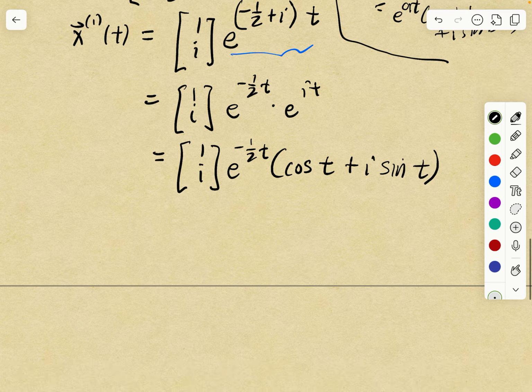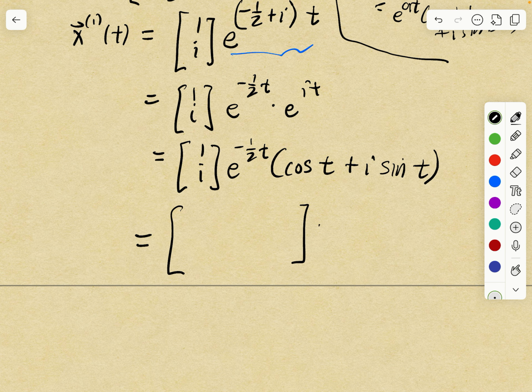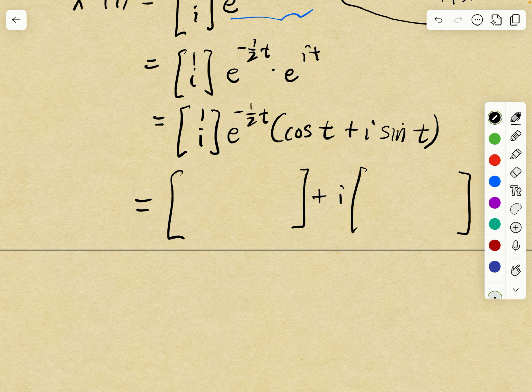Okay, so now what I want to do is write this whole thing out as something plus i times something. And what's that going to be? Well, I distribute this e to the it across, and I have that on the top and bottom. So the first component is e to the -1/2 t times cosine t. And then I still have this plus i times e to the -1/2 t sine t, right?